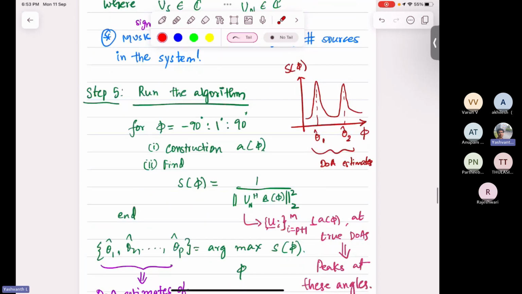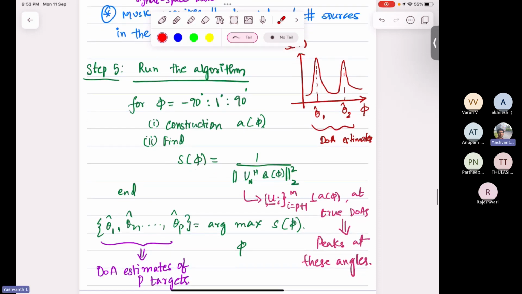Now run the algorithm. You vary your angle from minus 90 to plus 90 degrees, construct the array vector at this particular phi, and then compute the spectrum. It's also called a pseudo-spectrum, or a function. S of phi is equal to 1 by this norm square. Whenever phi equals the true DOA, this particular norm will go to 0 because that is where signal and noise subspaces are orthogonal, and you'll start to see peaks similar to this.